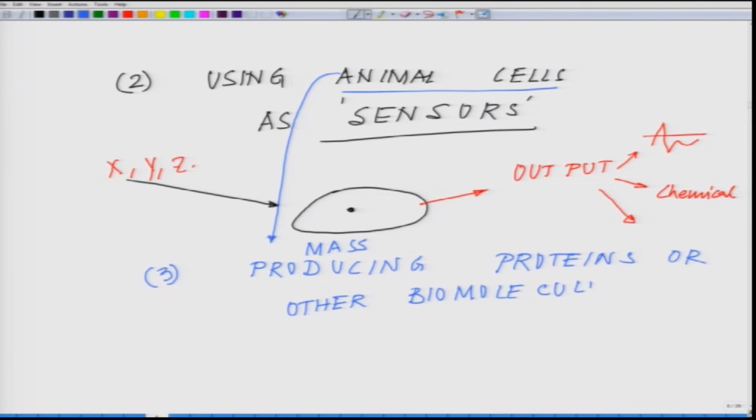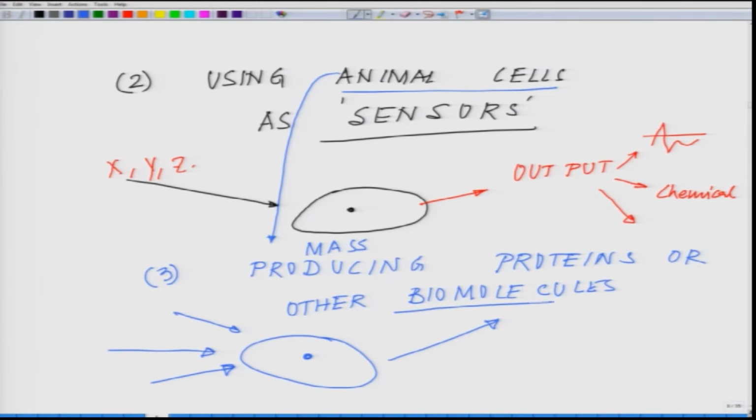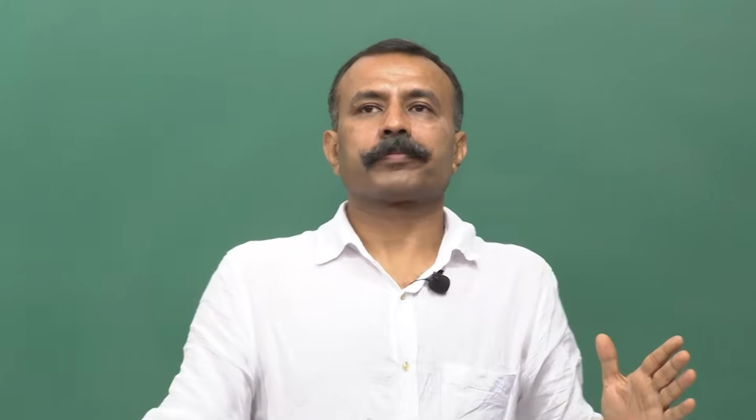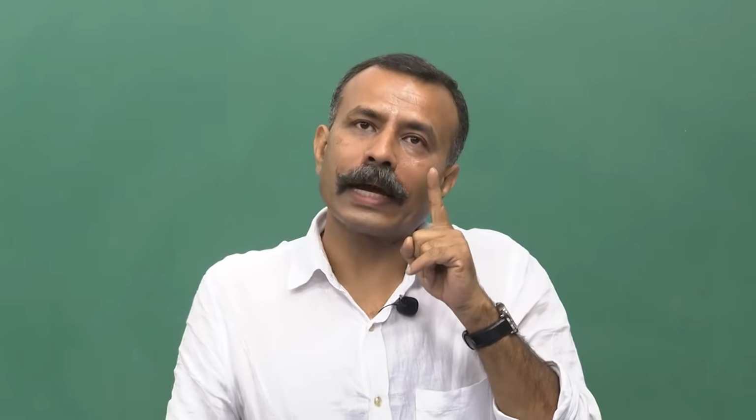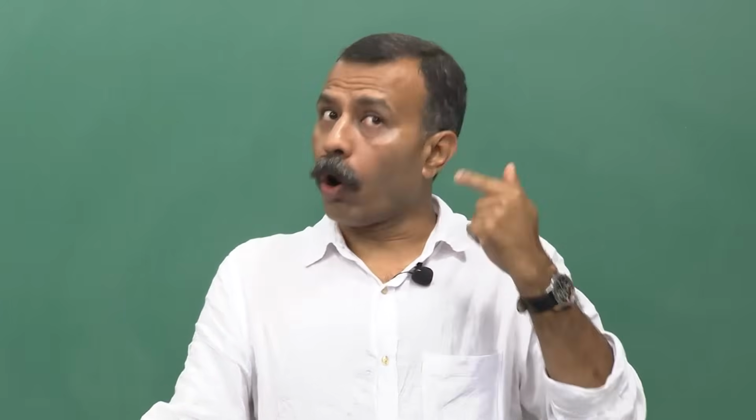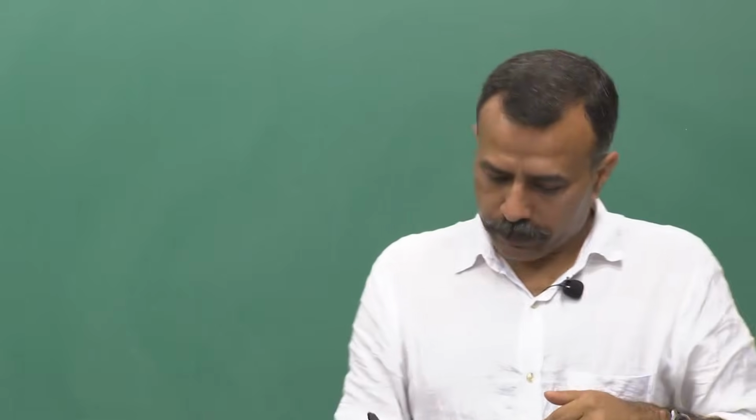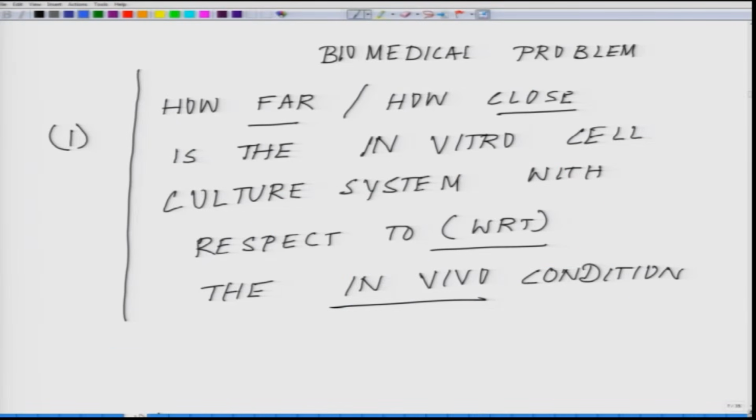So, in other words, I am using cells, giving them the right set of conditions, which first one has to study through cell culture, to produce biomolecules of my choice. So, you see, technique is one, but one has to ask the right set of questions. Or I study, there is another side which is previous to this one. If I put this as A, there is a B side.